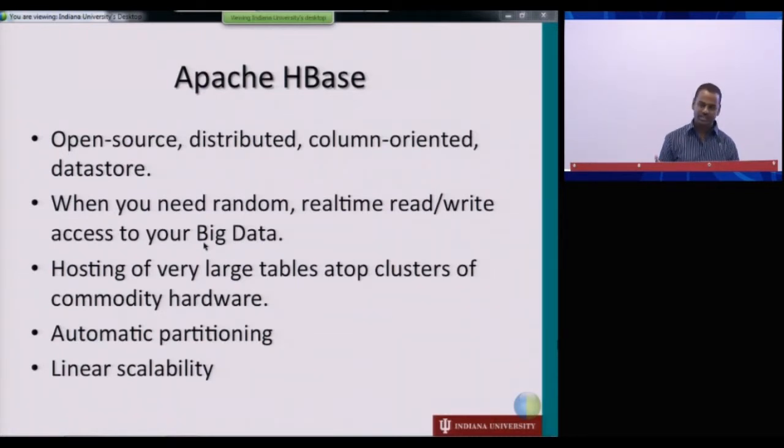These nodes are just commodity nodes interconnected using normal GigE network interconnects. This project is open source and has a very vibrant community around it. People are contributing from all over the world, and hundreds of companies are investing in it. So if you decide to use HBase, you can get the advantage of this collective intelligence from all these people.